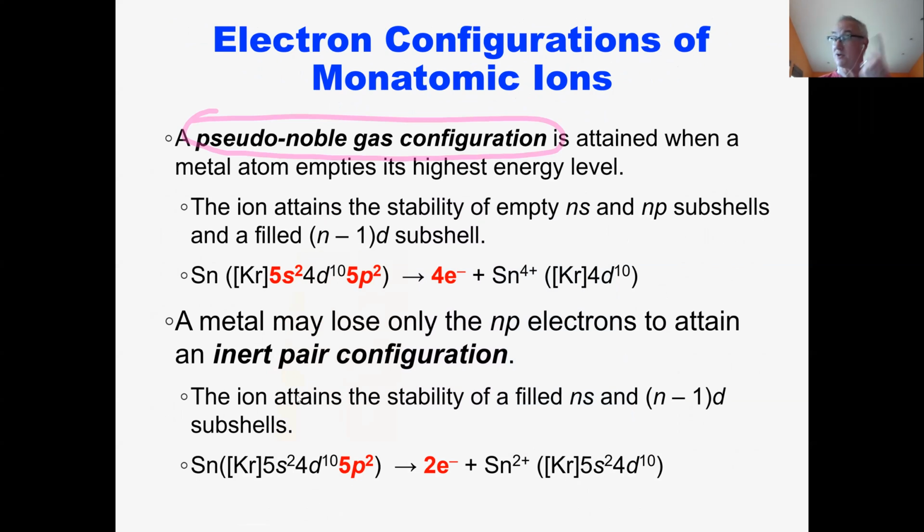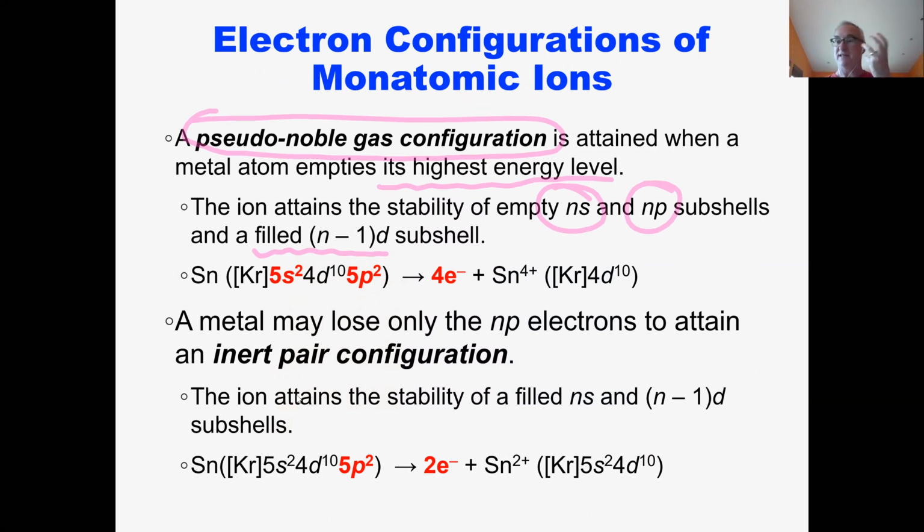It's almost a noble gas configuration when you empty completely the highest energy level. So these are what some transition metals basically do. They achieve the stability by just dumping all the S and P subshells, just dumping all their electrons out, leaving a filled D subshell in the shell below.